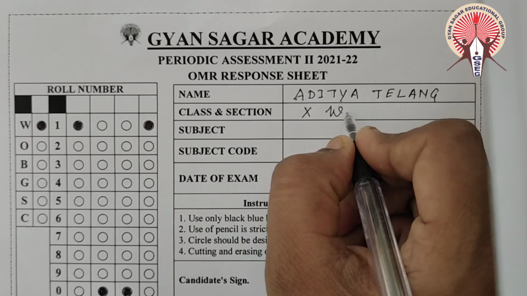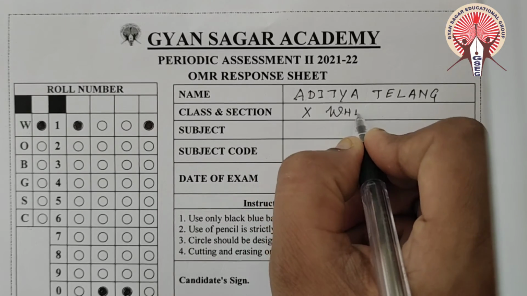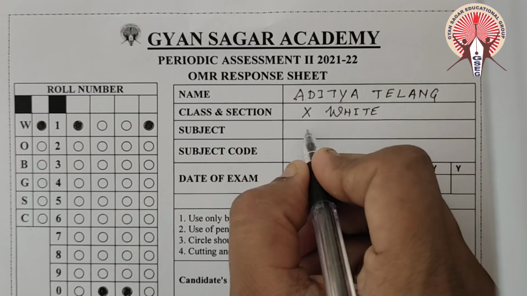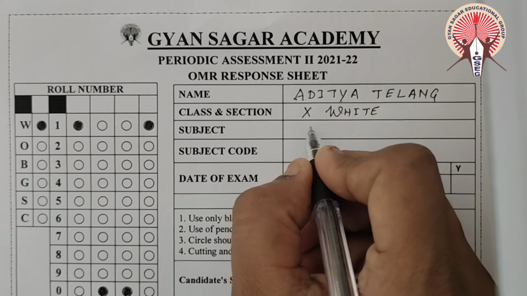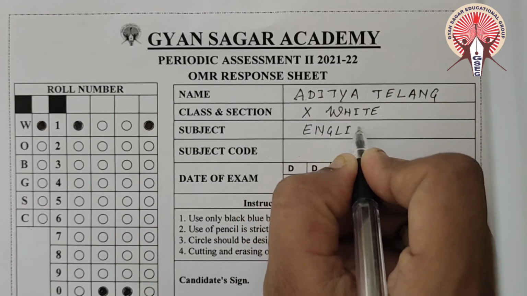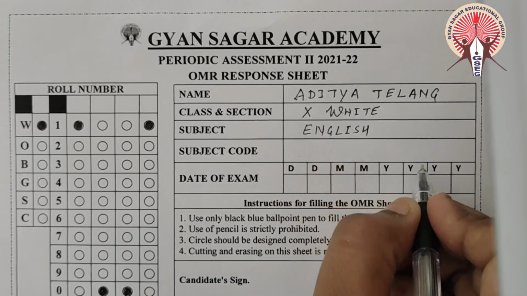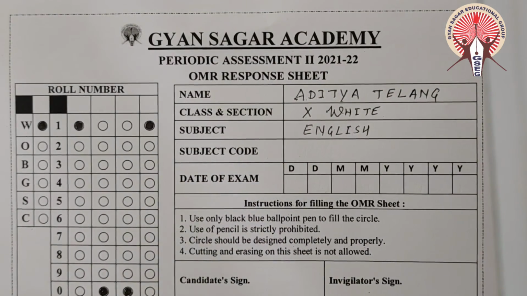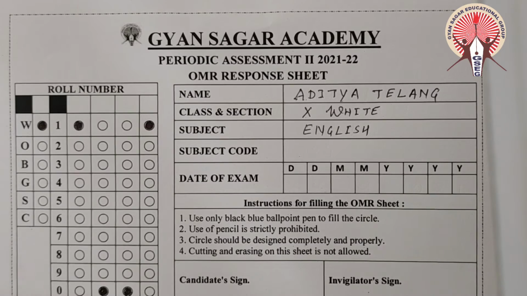Don't write the initial, write WHITE this way. Then subject. Suppose your English exam is there, write down ENGLISH in bold capital letters. All the instructions should be written in bold capital letters.